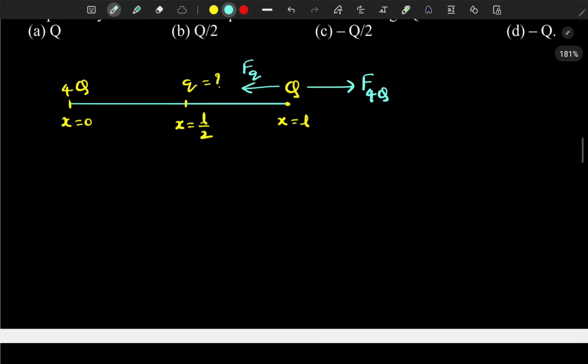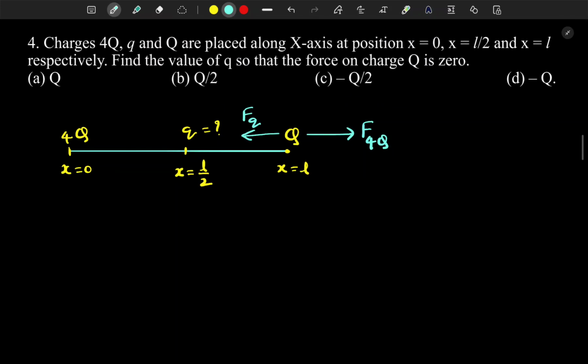So from the given data, F4q must be equal to F small q. That gives the constant k, 1 by 4 pi epsilon naught, times 4q into capital Q, the force between 4q and capital Q, divided by the distance, which is L square.